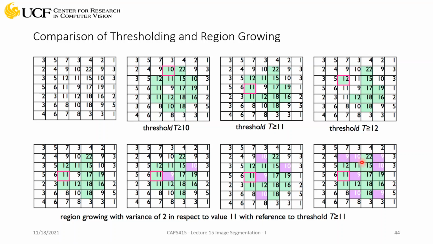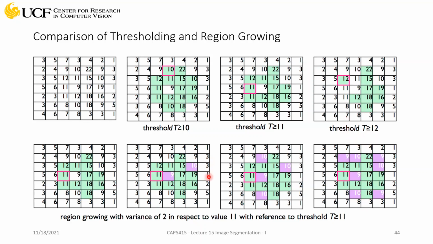All the purple locations will also be added to the foreground region, and the reason is the setting of this variance. All right, so you start with this location, then 9 will be considered as a grouping because it's clearing the variance threshold, and similarly you will keep going, and then you will find that all these pixels are also getting added to that region. So that's the difference between how thresholding works and how region growing works.